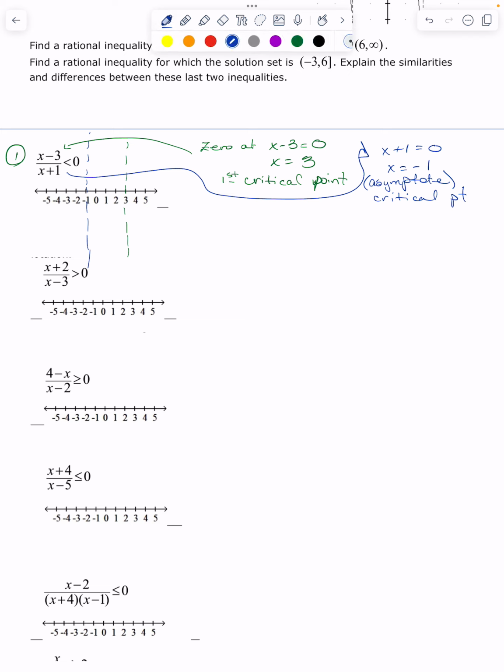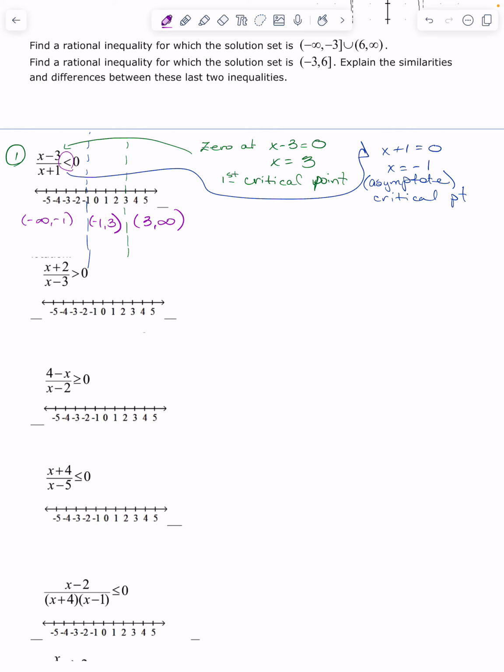So I have my interval divided into −∞ to −1, −1 to 3, and because this is strictly less than, I'm not going to be able to use the 3, and this is my way to keep track of that, and 3 to ∞.